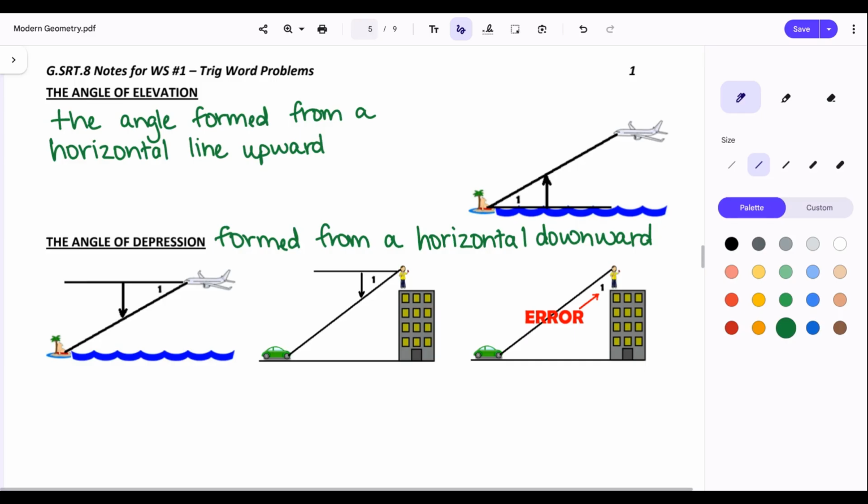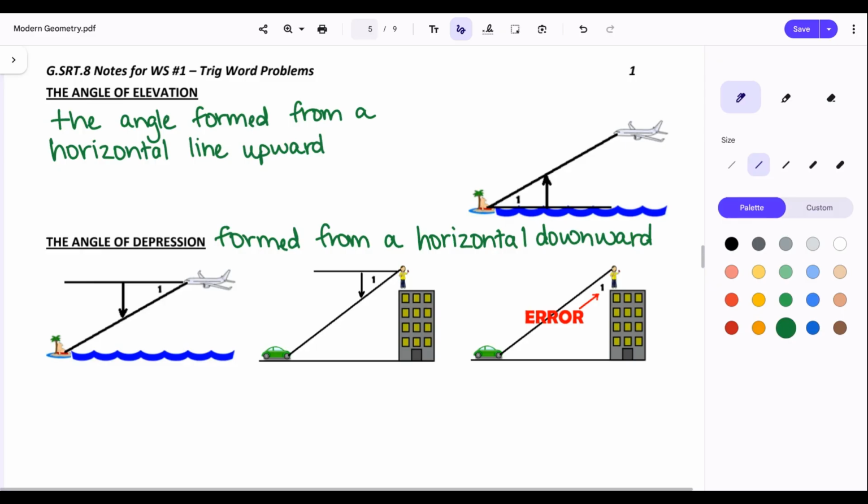In that same situation with the person on the island and the airplane, if somebody was up in the airplane, their horizontal line of sight would be out into the clouds, out into the sky that they're flying in. If they look down at someone who is on the island, that would be an angle of depression because they're looking down. Same for the second example: if we have this person sitting at the top of the building looking down at the car, that would be angle of depression.